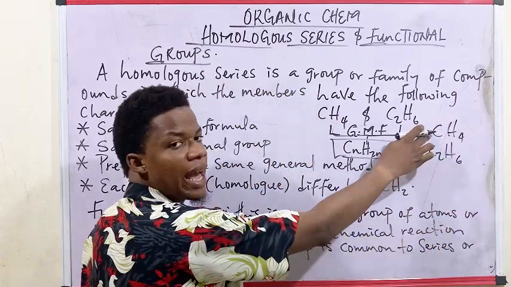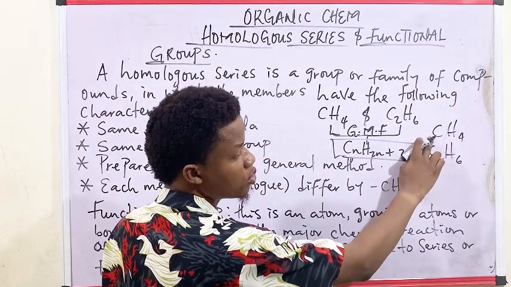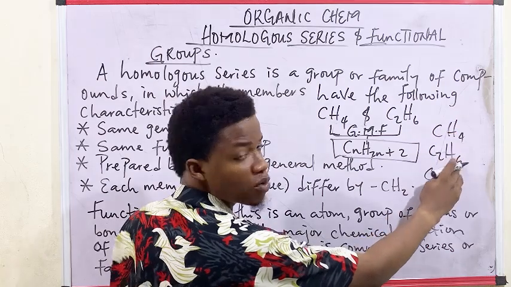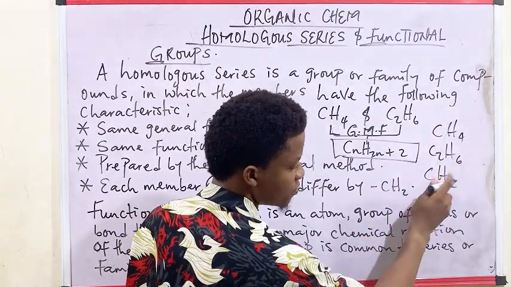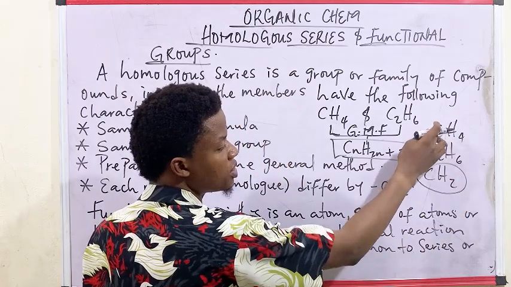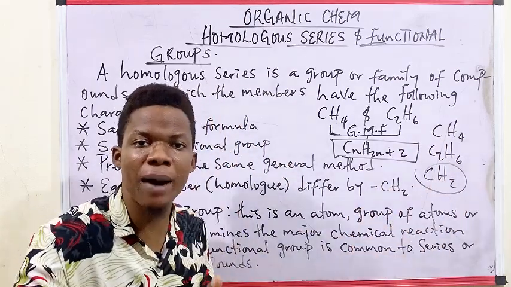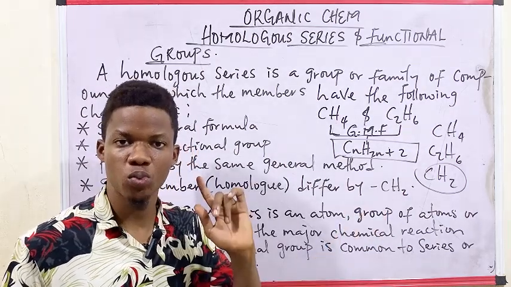What is this one missing from this? This one has 2 carbon, this one has 1, so it is missing 1 carbon. This one has 4 hydrogen, this one has 6, so it is missing 2 hydrogen. So the difference between this and this is CH2. So successive members in a series differ by CH2.